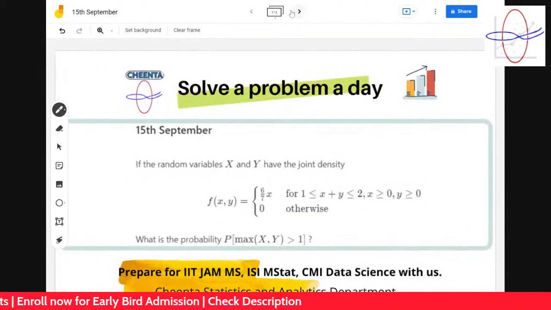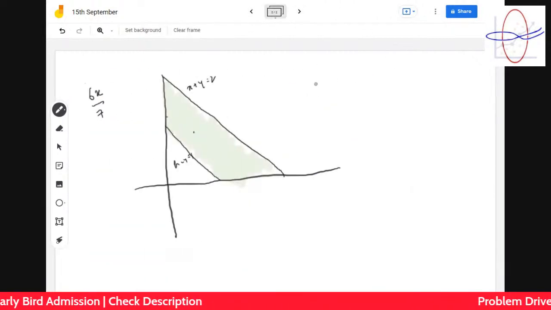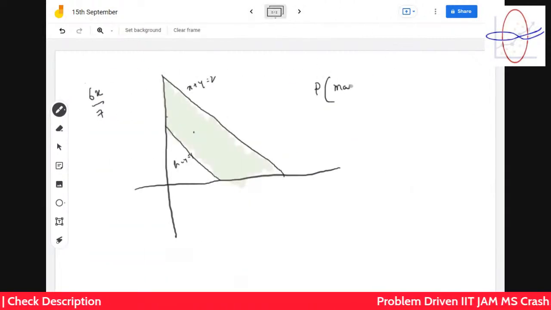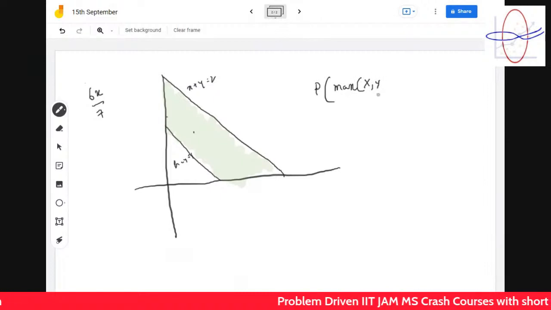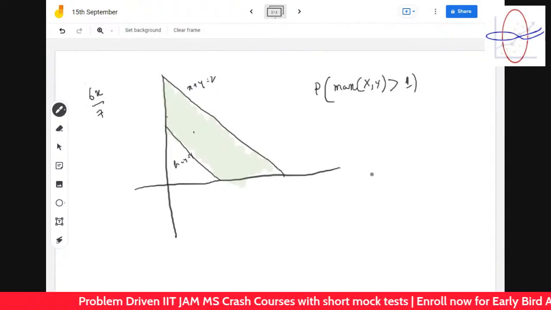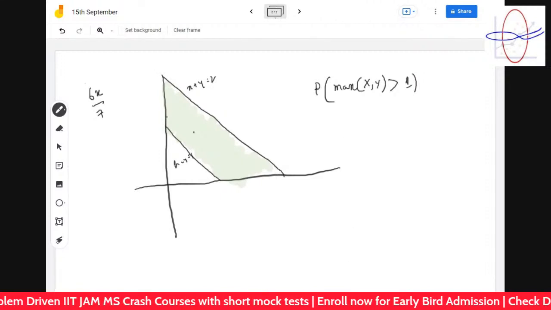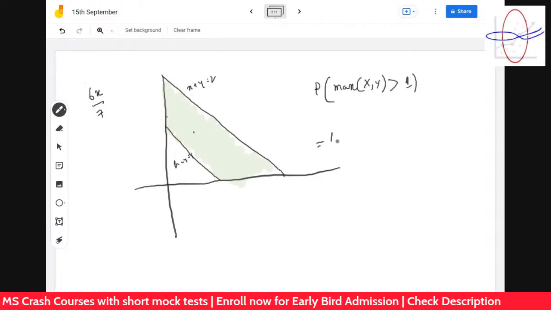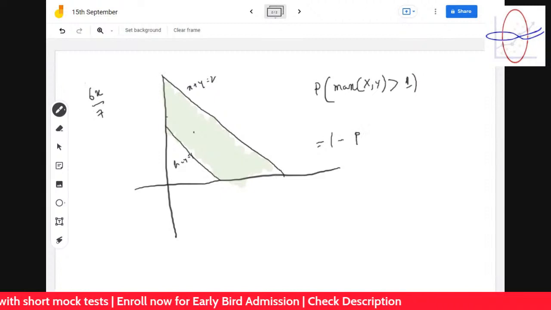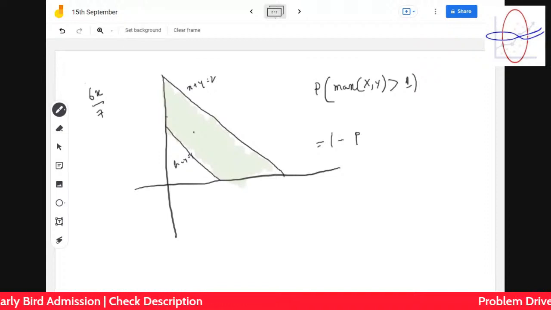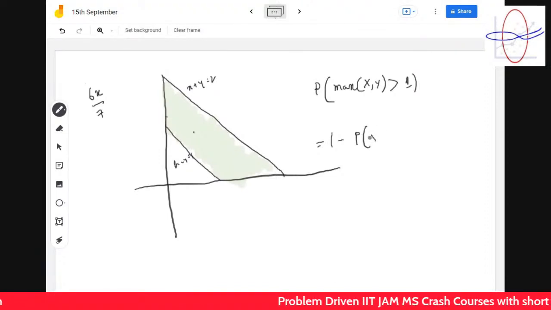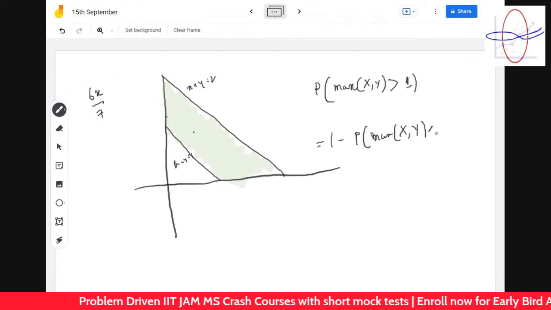Now we have to find the probability that the maximum of x comma y is greater than 1. This is where the order statistics idea comes in. We convert it into 1 minus the probability that the maximum of x comma y is less than or equal to 1.